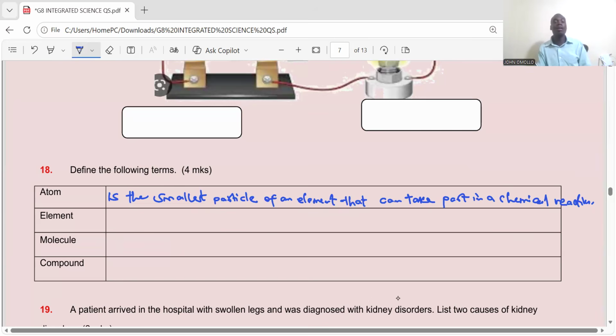Yes, that is the meaning of an atom. It is the smallest particle. Remember, particles are made up of solid, liquid, and gases, those particles. But now the smallest one, and it can take part in a reaction. That is what we call an atom.